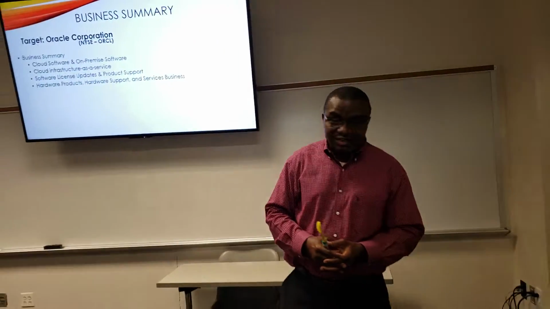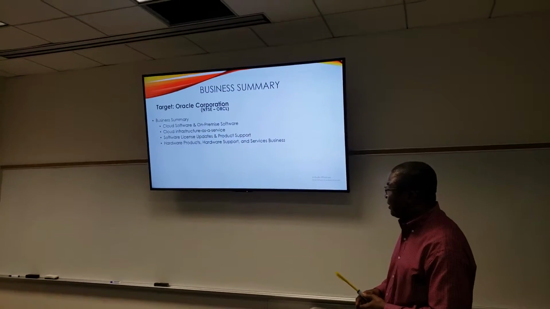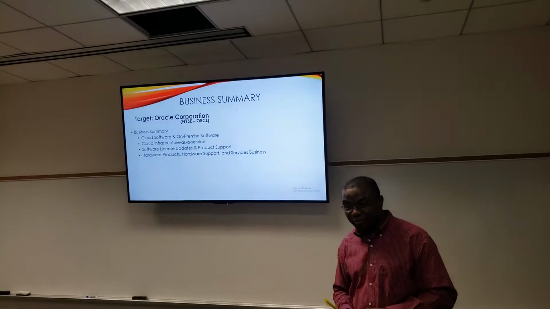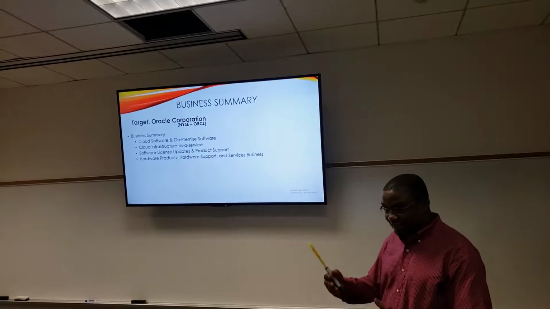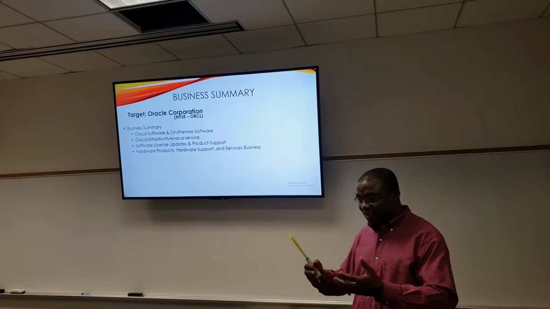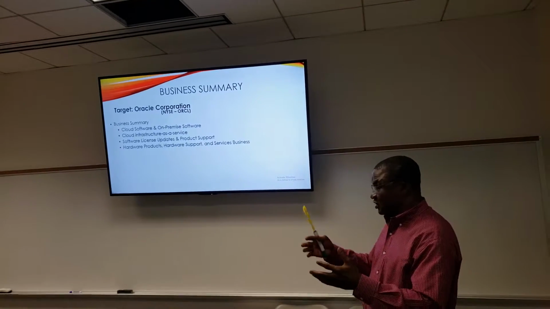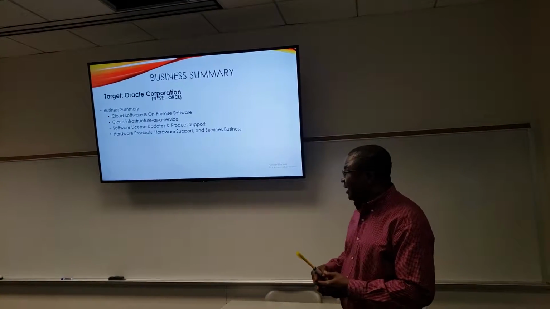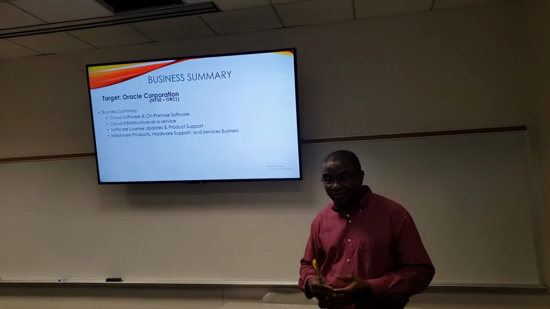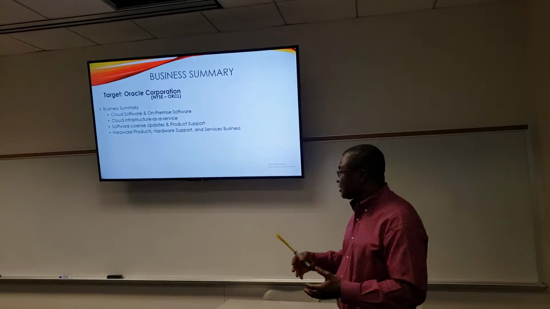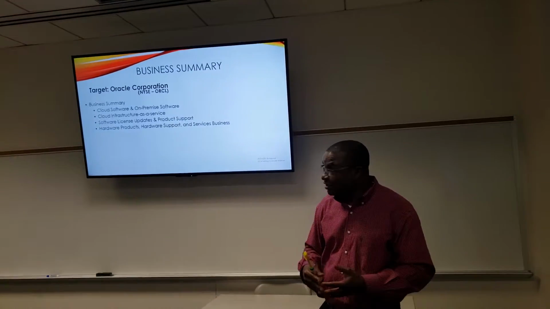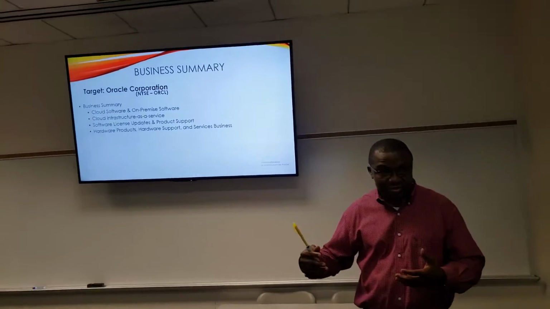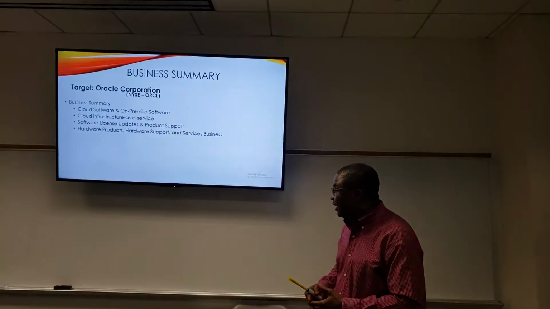The business summary for this company is: number one, cloud software and on-premise services. The company designs and generates software that is used to service different categories of customers, and it provides cloud services by way of infrastructure as a service, and it also does software licensing, updates, product support, and some educational programs.